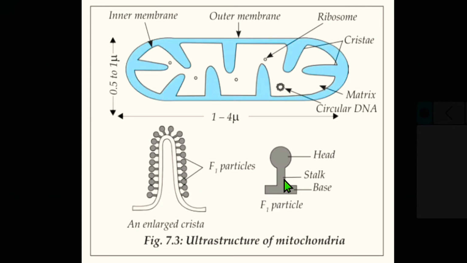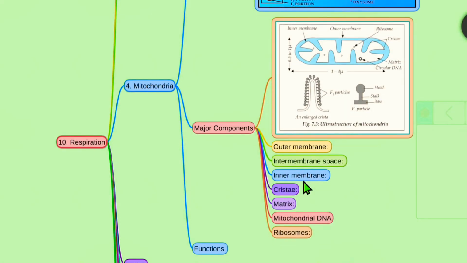This is the F1 particle, this is the head, this is the stalk, and this is the base of the F1 particle. The main components: outer membrane, intermembrane space, inner membrane, cristae, matrix, mitochondrial DNA, ribosomes.